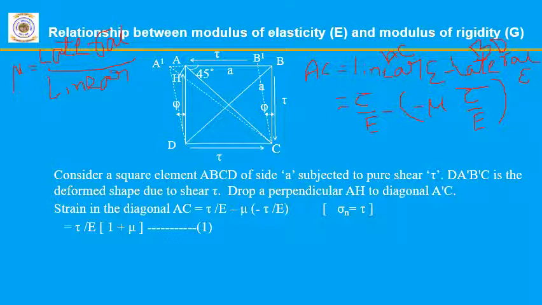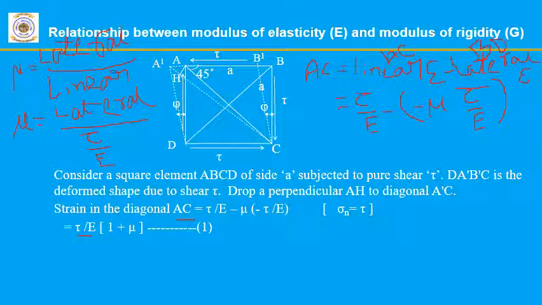The linear strain we got is tau by E. Therefore, the lateral strain can be written as mu into tau by E. So in place of lateral strain we are substituting mu into tau by E. After simplifying, tau by E becomes common, so we can take it outside.